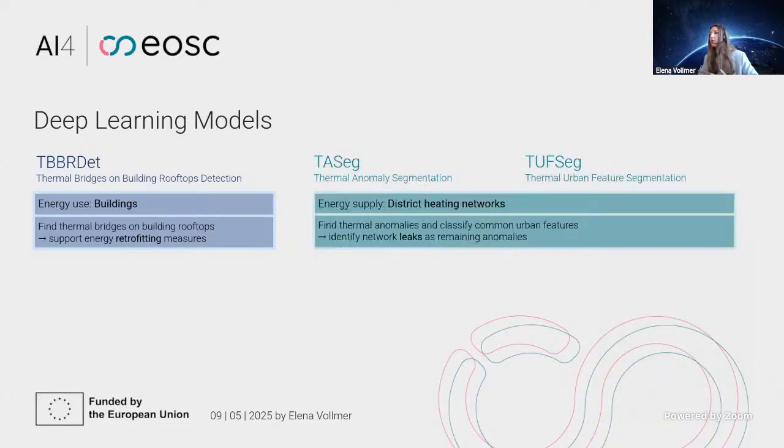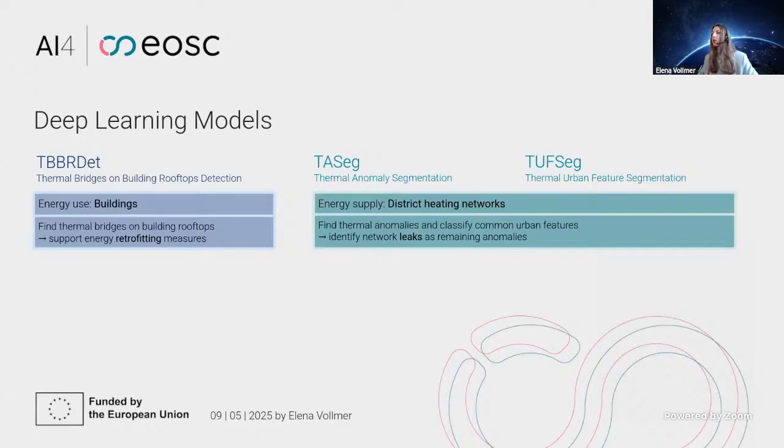And the other two models are centered around the supply of energy, specifically via district heating systems. Now, for those of you who aren't aware, district heating systems are networks of underground pipelines that supply heat to buildings, for instance. So hot water is transported through these underground pipelines, and when a leak occurs, it means this hot water flows into the surroundings, and we have an anomaly in our thermal images, a hotspot that doesn't belong to any other aspects of our urban environment.